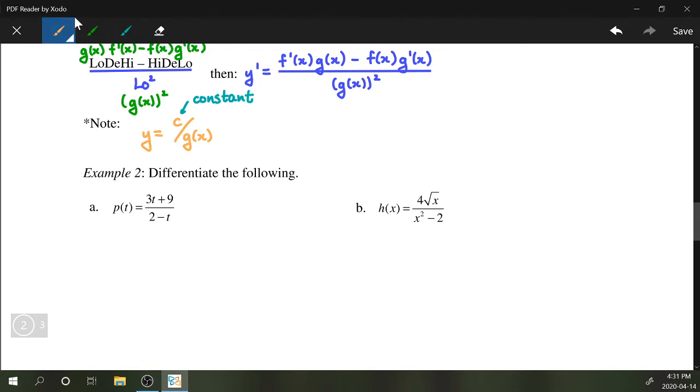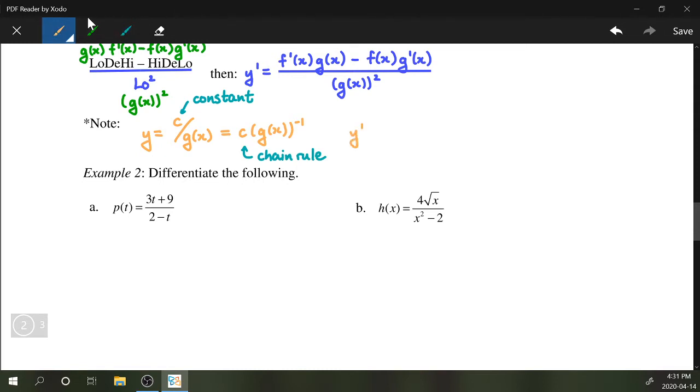Well, there's two ways of looking at it. You can think about it as c times g of x to the negative 1 power, and then you can apply what is called the chain rule. But we will not be doing that until later on in this chapter. So instead, we're going to simply take the derivative using the quotient rule and see what happens.